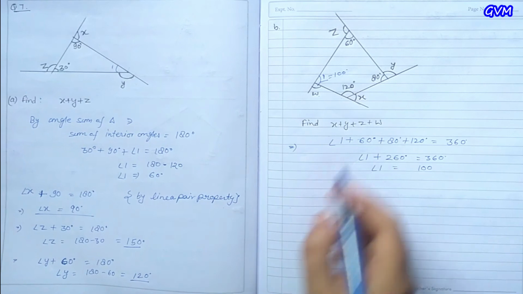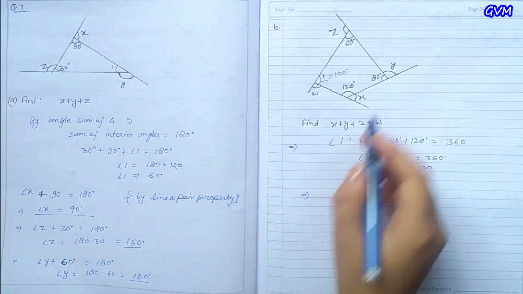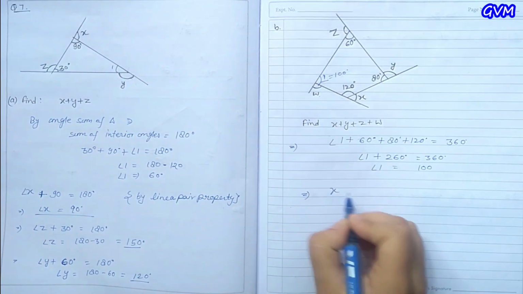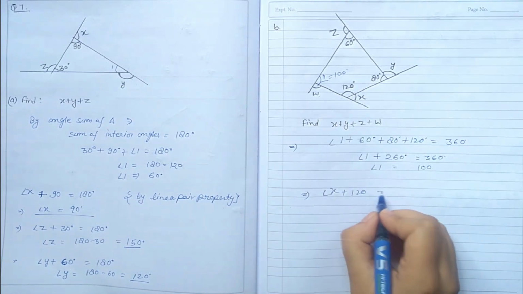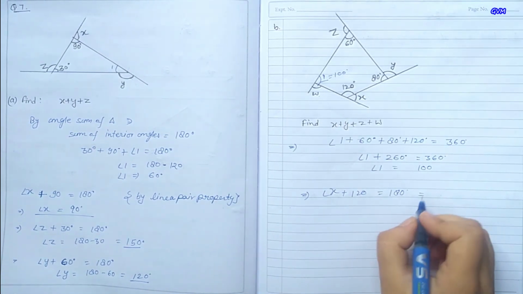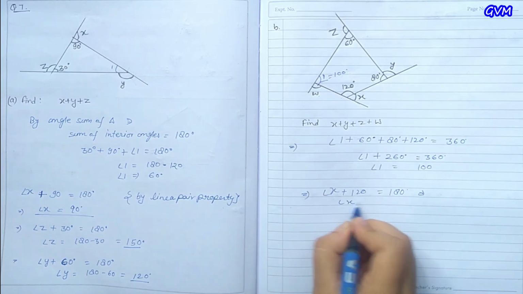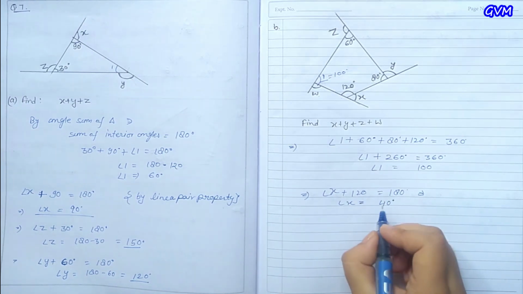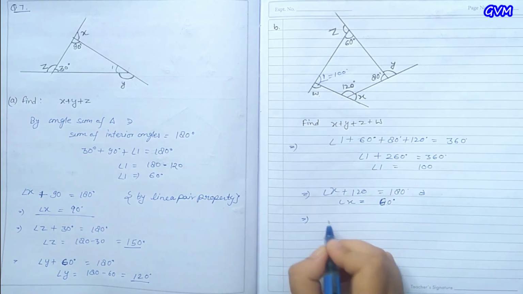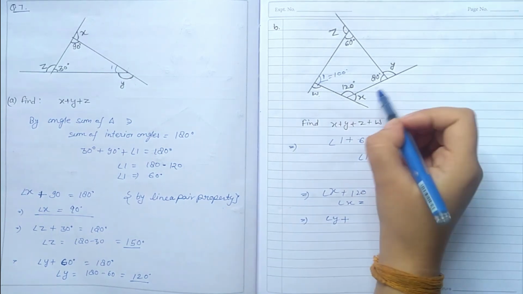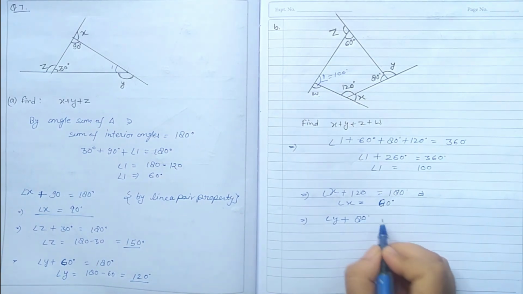Now you can find angle x from here. So angle x plus 120, these two angles are forming a linear pair, so equal to 180. So from here x is equal to, by transposing, 60 degrees. Similarly angle y: angle y plus 80 is equal to 180 degrees.